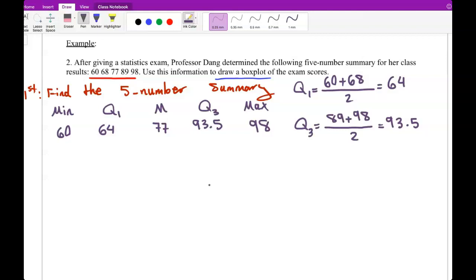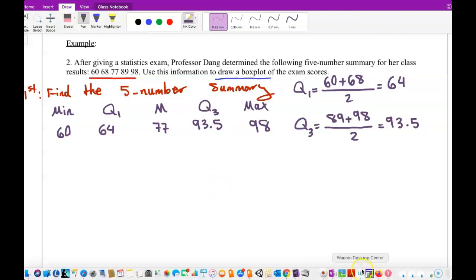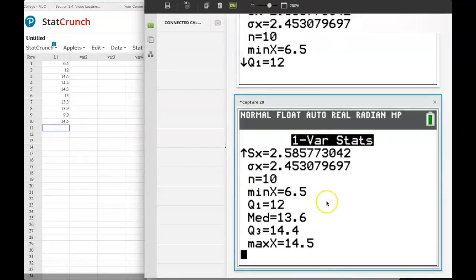Let's also use the calculator for this part. So again, press Start, choosing Edit, then Enter.